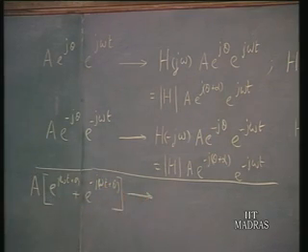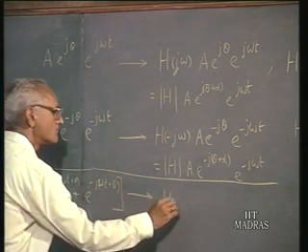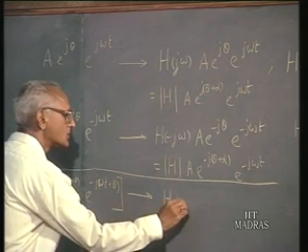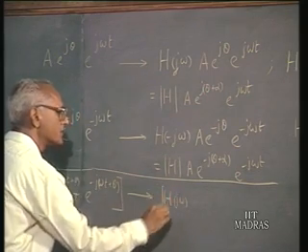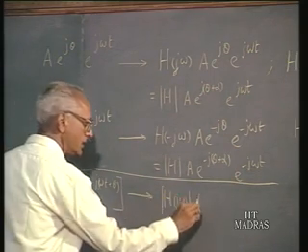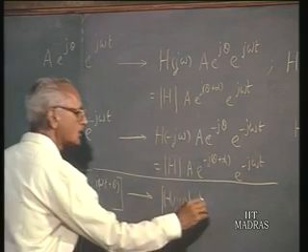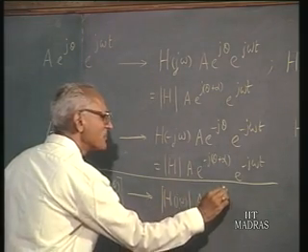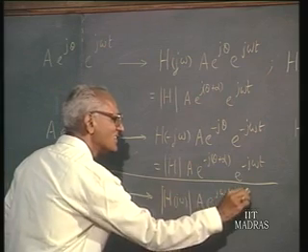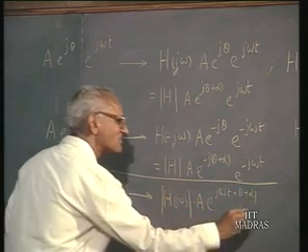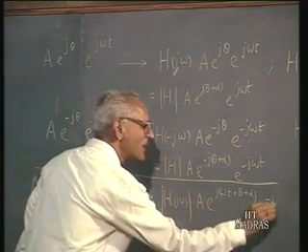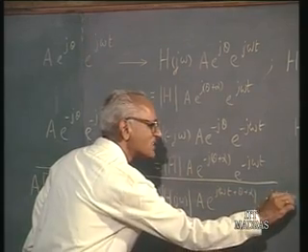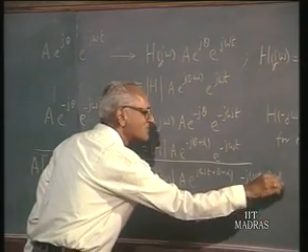This will give rise to |H(jω)| A e to the power of j(ωt plus θ plus α) plus e to the power of minus j(ωt plus θ plus α).